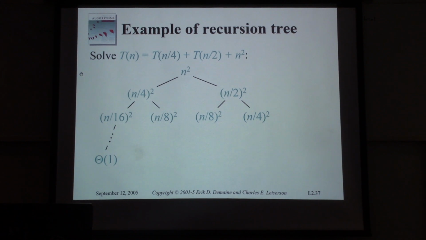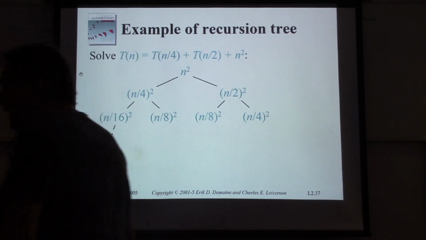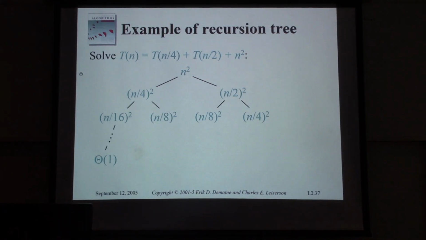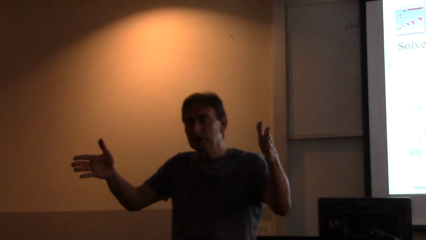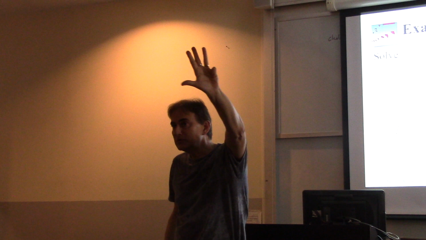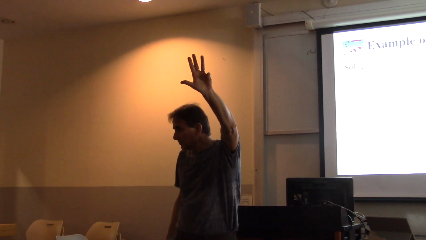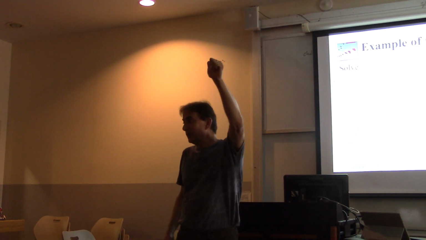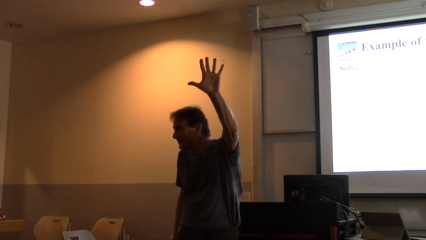The answer is log base 4 of n. Okay, so log base 4. Because how many times can you cut something into a quarter? Log base 4. How many times can you cut something in half? Log base 2. Think about it. You got 16. So you're going to cut it in half: 8, 4, 2, 1. So 16 you can only cut in half 4 times. 32, you cut once, 16, 8, 4, 2, 1. 5 times.